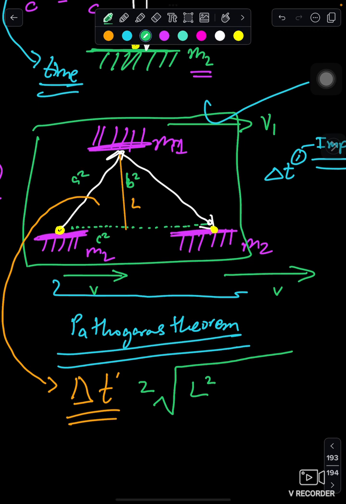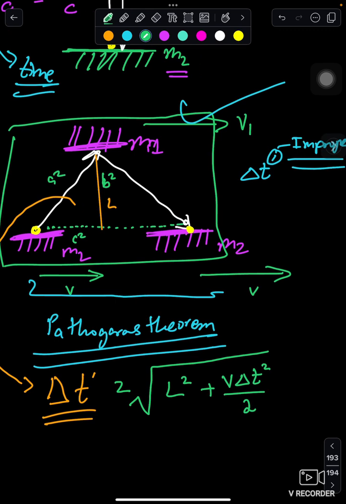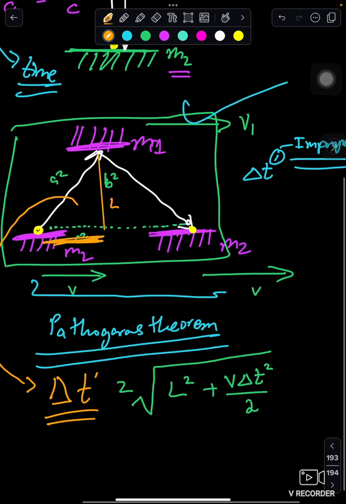L square plus V delta t square over 2. We're talking about half of this, not this full part, but only half this part. This part only.